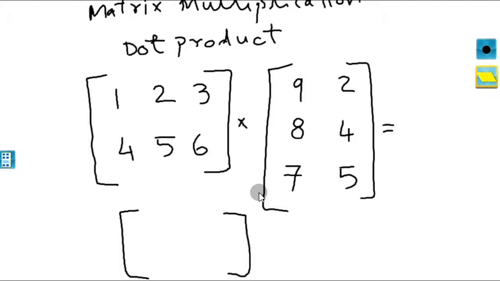Multiplication of two matrices. In order to multiply two matrices A and B, the number of columns in the first matrix A must be equal to number of rows in the second matrix B. We have to obtain the dot products of rows and columns.